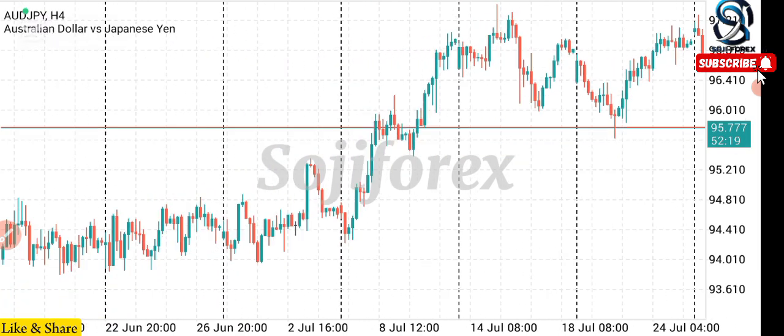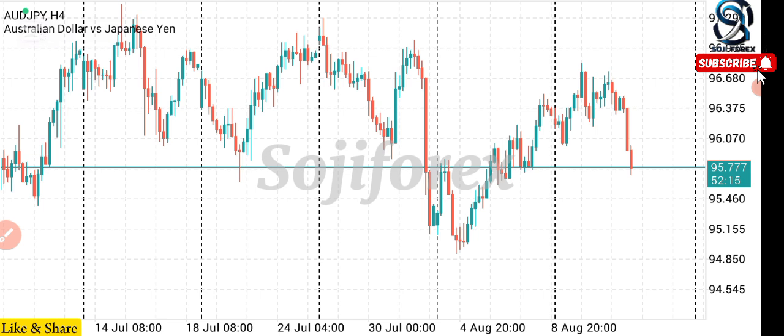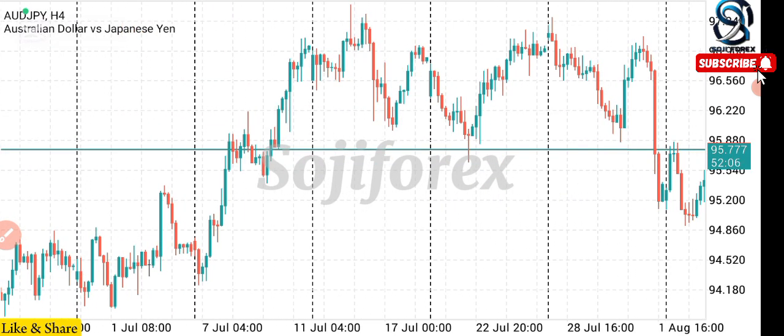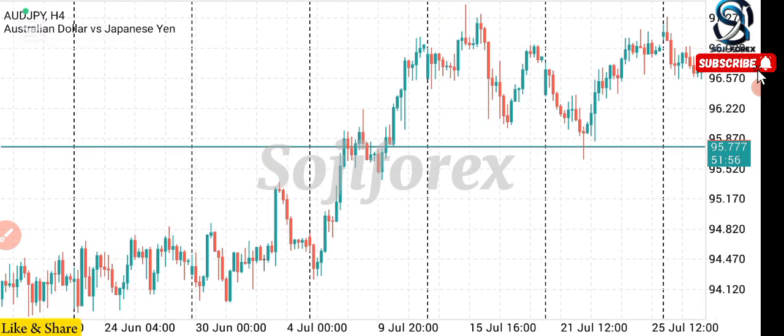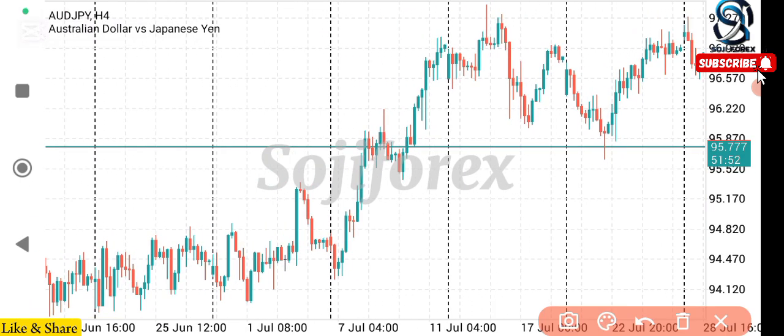So let's use this. On this scenario, we are going to have both an uptrend and a downtrend. So it is advised, let's use the 4-hour time frame and see how exactly this can be done. Now, one of the major tools that is going to help us through this is our Fibonacci Retracement tool. So let's begin by determining our trend, which is the first thing we need to do.